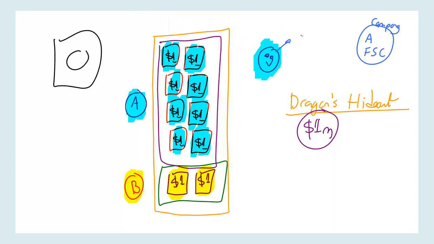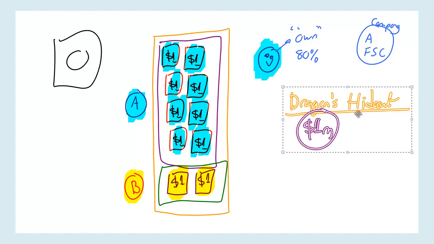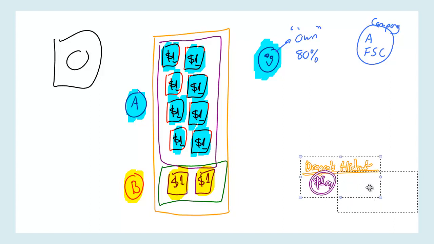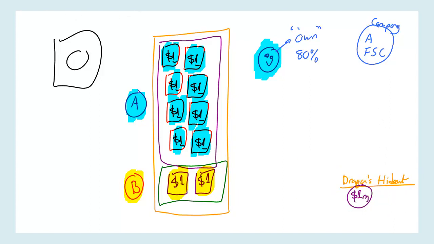So I own, and we'll leave a debate on ownership versus control to an advanced lecture on Austrian economics. I own 80% of the company. But I have zero control. I control nothing.